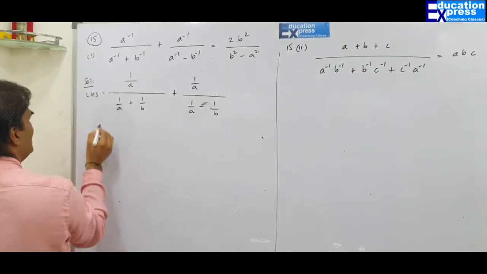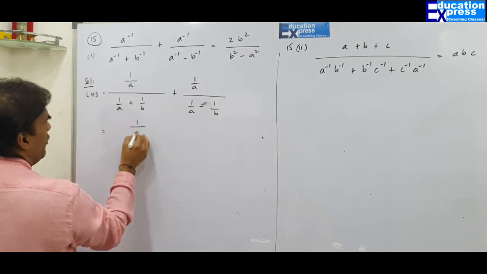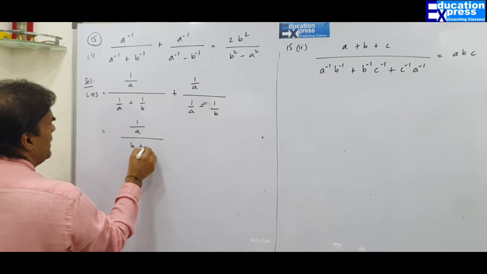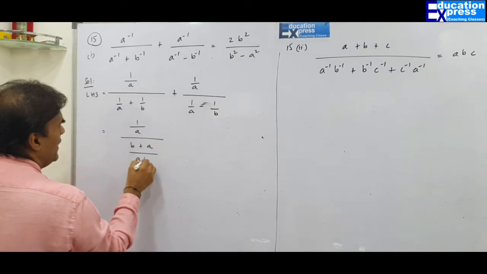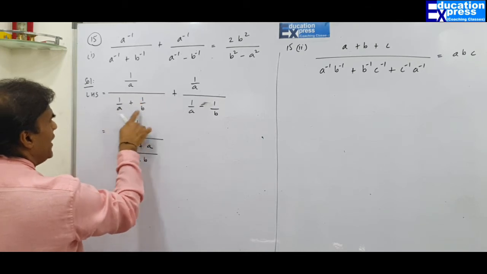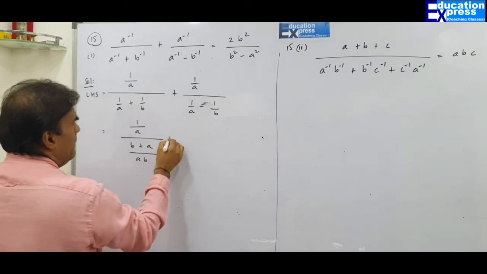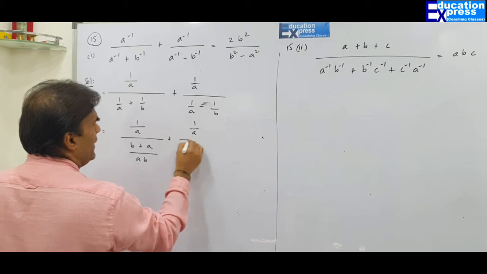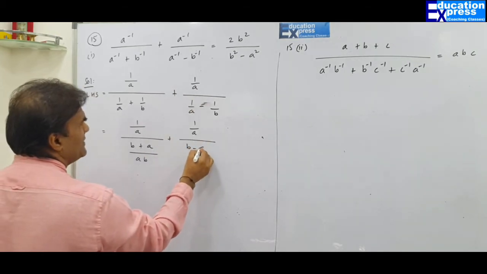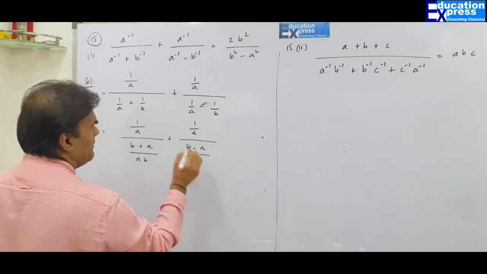So guys, LHS equals 1 upon a. If you take the LCM, you get b plus a upon ab. That's b into 1 plus a into 1 upon a into b, ab. Plus 1 upon a. Same way we'll take the LCM over here also, b minus a upon ab.